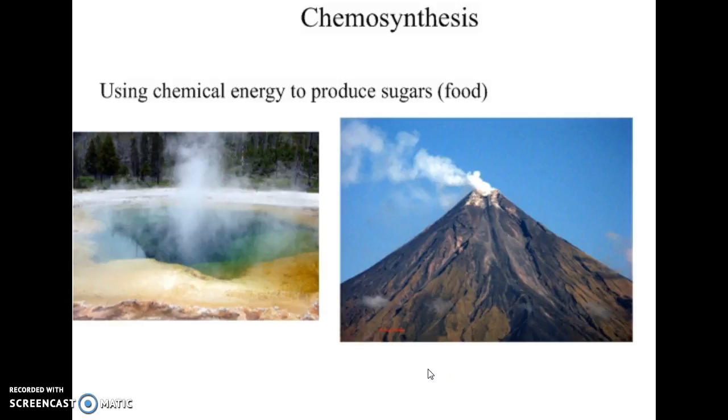In that case, it's anaerobic. Anaerobic, an meaning without, so without oxygen. So obviously plants couldn't survive down in there because, well, no sunlight. But some bacteria can, and they can do that without oxygen. And they do that by taking in the chemicals from the sulfuric gas, and they can use that to actually make their own food.